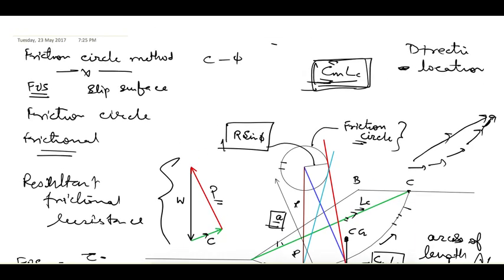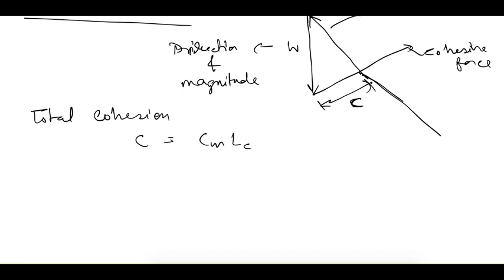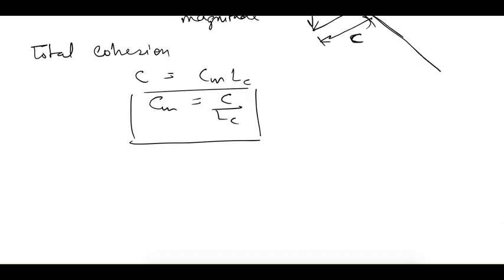So from here Cm is equal to C upon Lc, and that's what we required. We have got the mobilized cohesion.